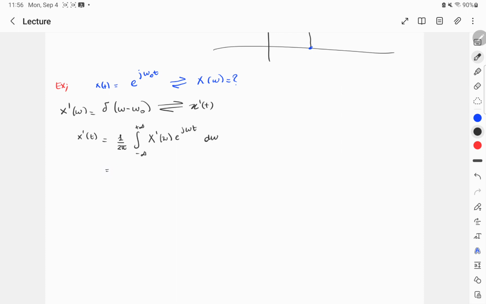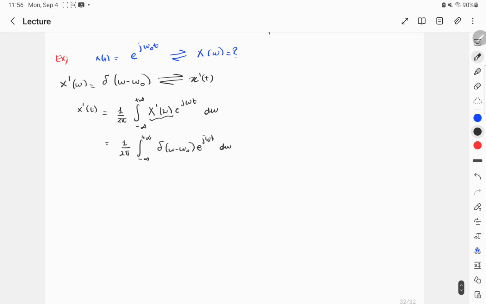And we told that this one equals δ(ω − ω0), and let me write it real quick. And we eventually have this expression, and by using the property of the delta function, here this ω will be replaced by ω0.